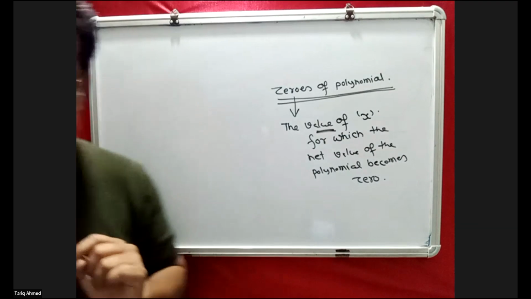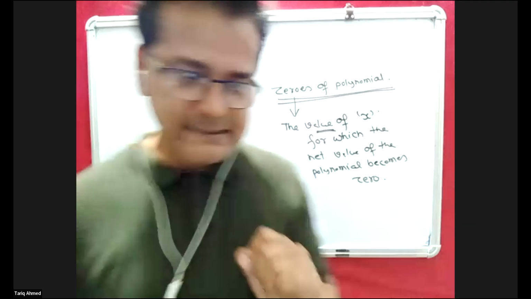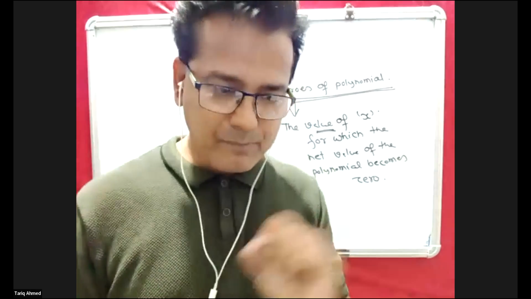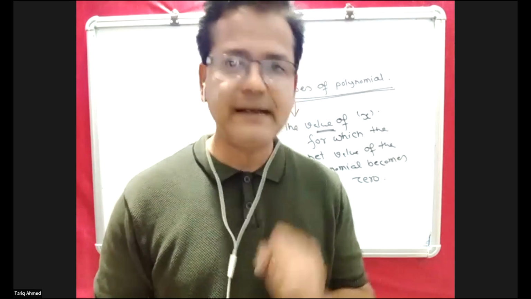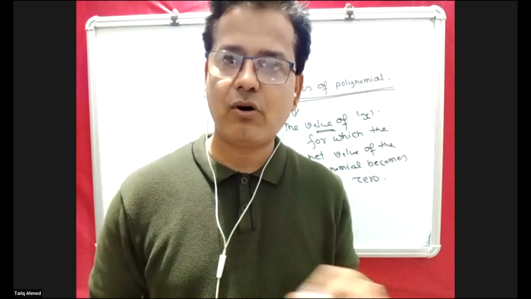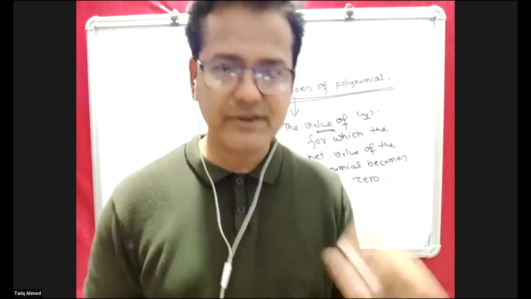This is the definition. So if we say that x equals a is a zero of this particular polynomial, it means by putting that value a in the polynomial, the total value of the polynomial will become 0.